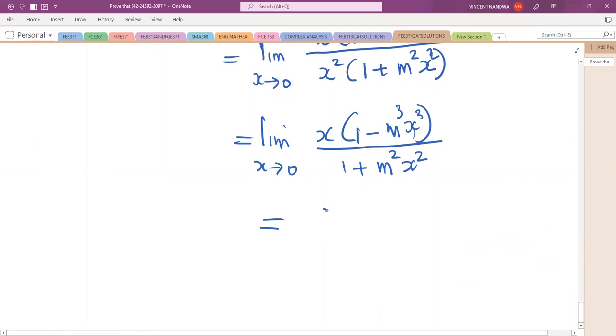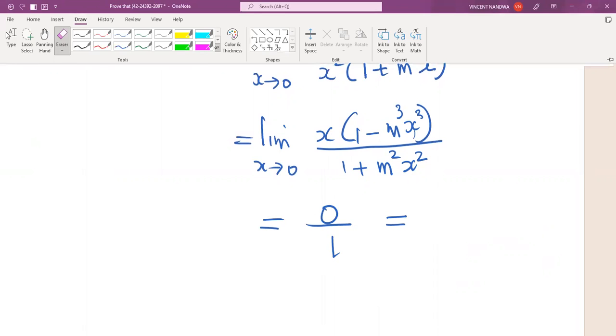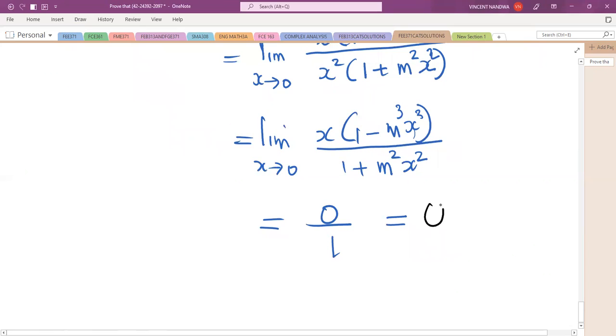So I'll get 0. The denominator will be 1. So 0 over 1 is 0. So it turns out that this value is the same as the previous values. Call this one f4.